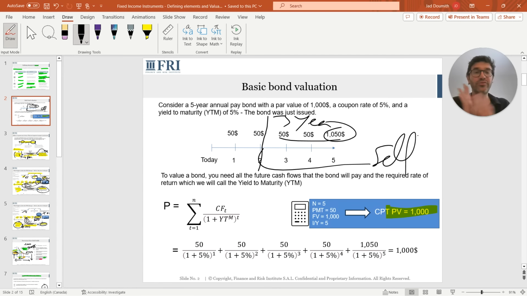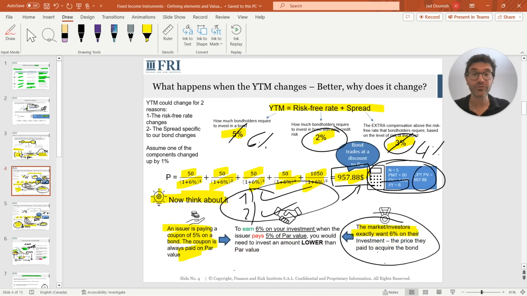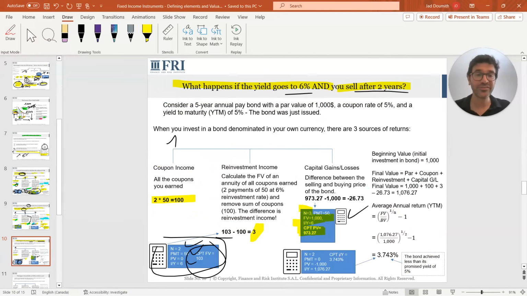Excellent. So if you take your financial calculator, you can actually value the bond here by telling your calculator, listen, I have a 3-year bond with a coupon of 50, a par of 1,000, a yield of 6. Tell me what it should be worth here, which is the point in time where you sold the bond. So when the calculator answers you 973.27, you know that this is the price you are selling the bond at.